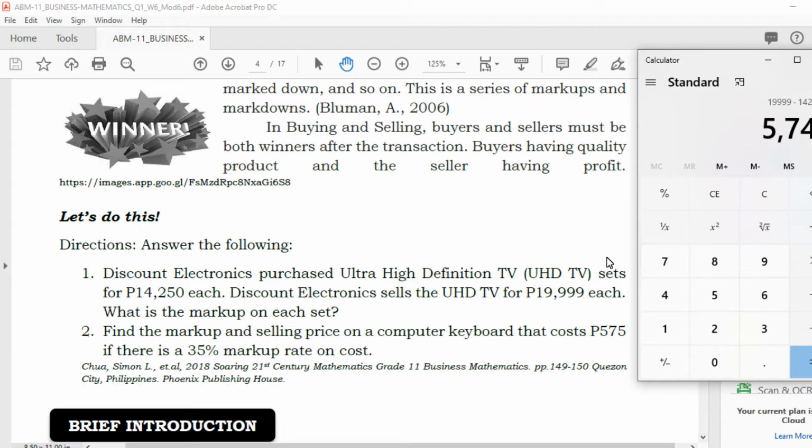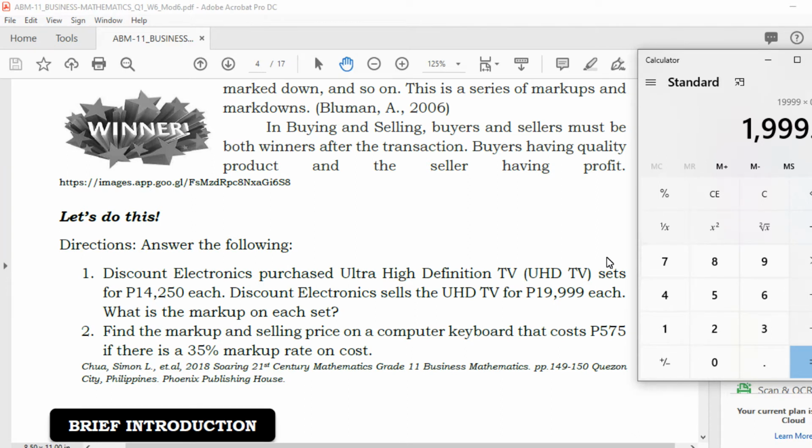Kapag markdown naman is magli-less ka. For example, ang benta mo is 19,999 and then less 10%, or 10% times 0.10, so 1,999 ang ile-less mo, ang ima-markdown mo kasi less 10% markdown. So, 1,999 ang 10% nun.